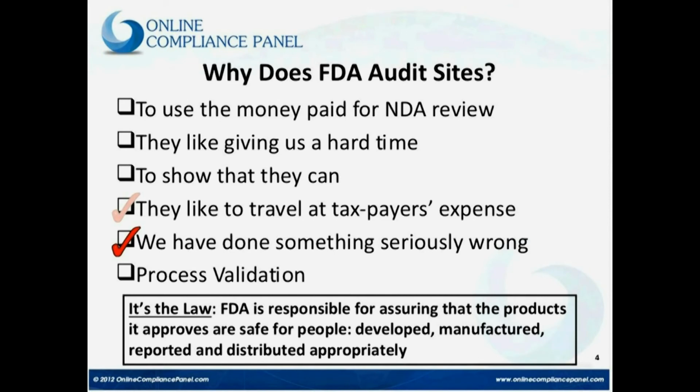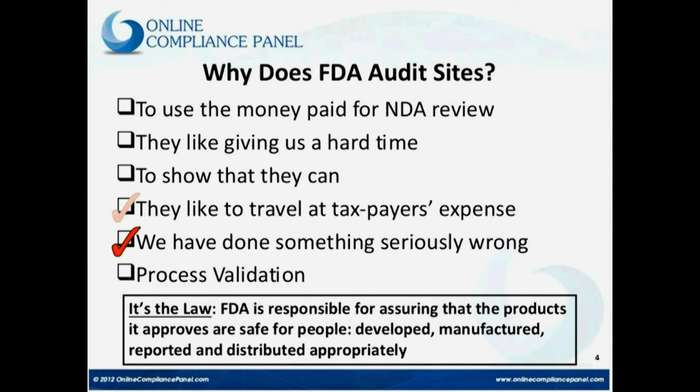Is it because they just want to show that they can? Is it because they like to travel? I've even seen people say, "Oh, I would get audited if I pick my sites in Europe because FDA auditors like to travel to Europe." And I'm like, really? You feel that you're going to get audited just because you're located in Paris, more likely than if you were located in Paris, Texas? That's not true.